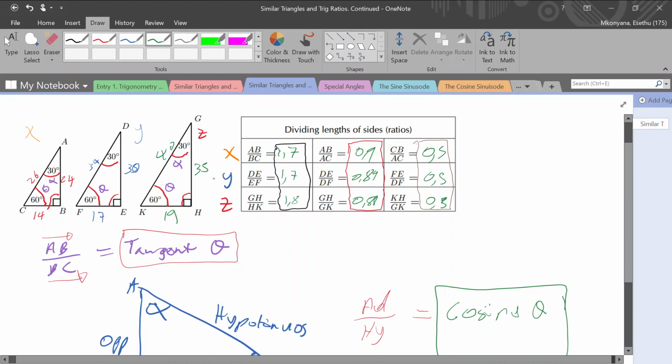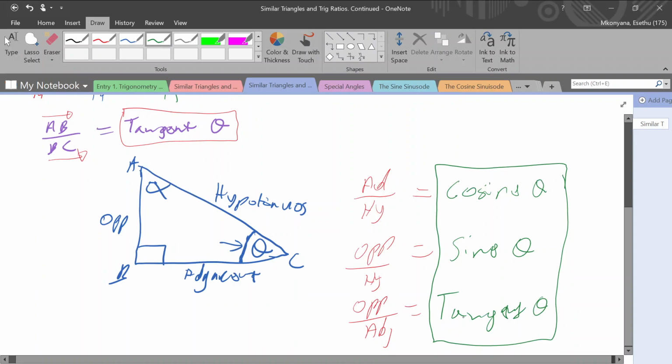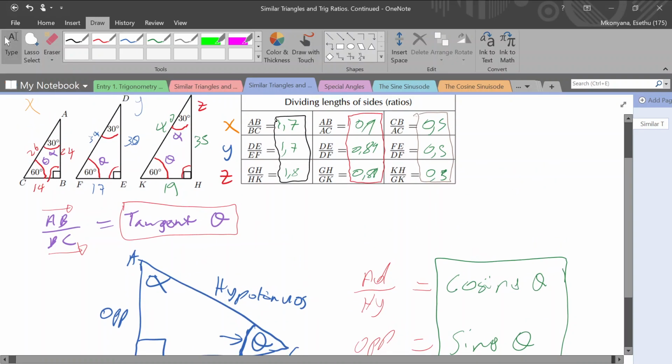Because in that case, the first example there, AP over BC, and if we're looking at 60, that is opposite over adjacent, which is a tangent. In this case, it's a tangent of 60. Then we look at another one, AP over AC.